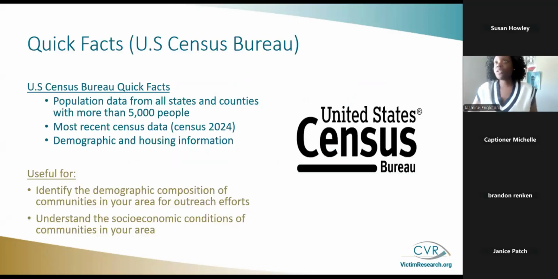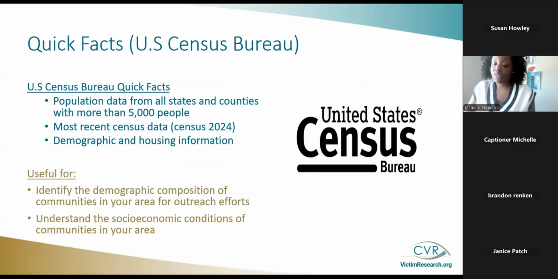So the first tool is QuickFacts, which is through the U.S. Census Bureau. And this tool allows you to gather information about your population, businesses, and geographic data from different U.S. states and counties.